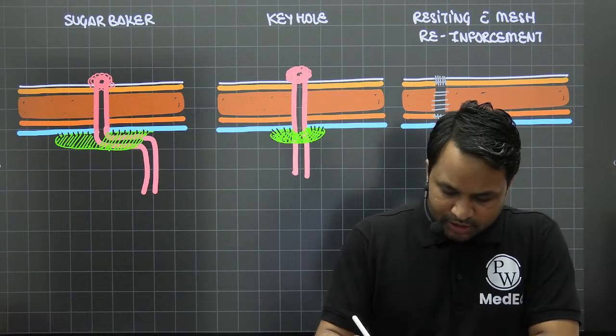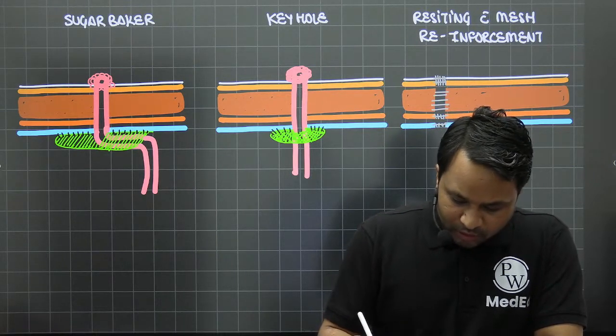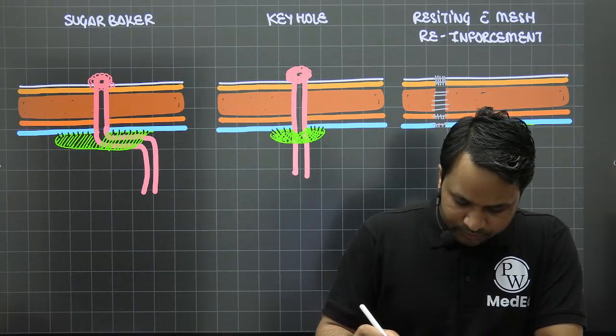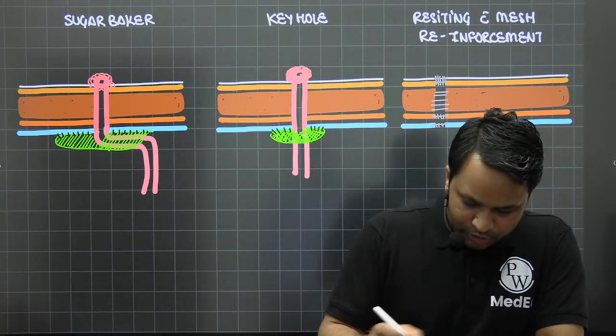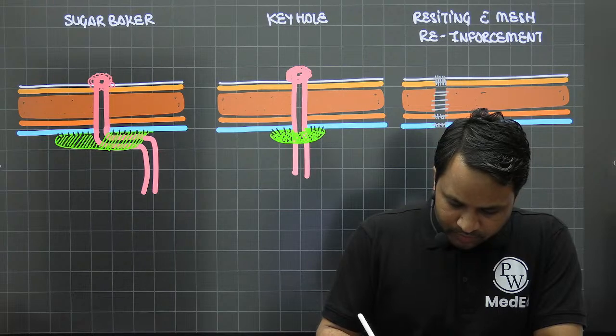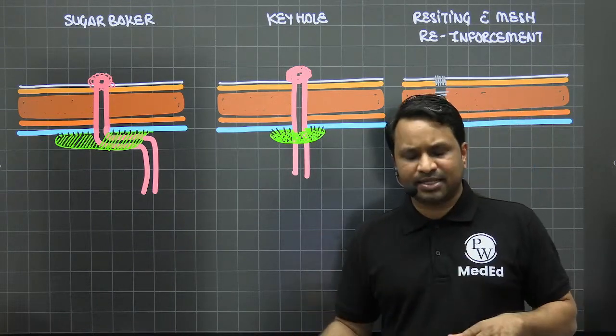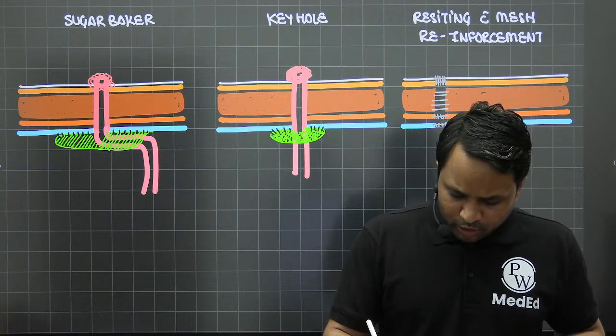Now before we open the new site, we'll already put the mesh here. There are two sides of mesh placement here. In this area of the mesh placement, you put it on the abdominal wall itself.